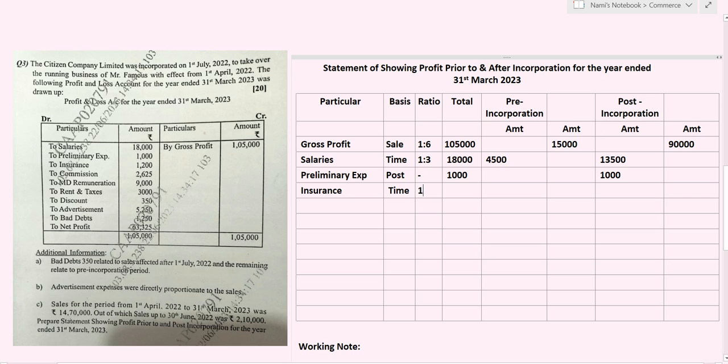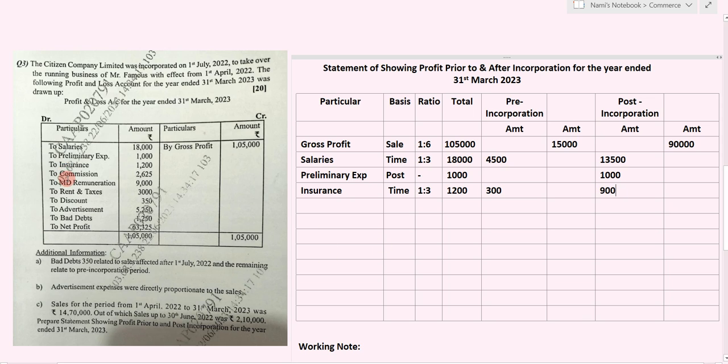The ratio of time is 1:3. The total insurance is 1,200. Out of 1,200, multiply 1,200 by 1 divided by 4. Sorry, 300 is of pre-incorporation and 900 is of post-incorporation.